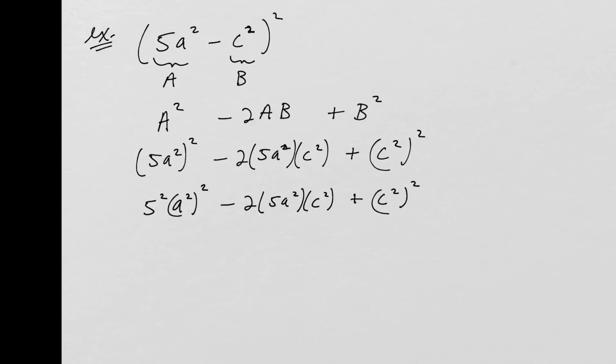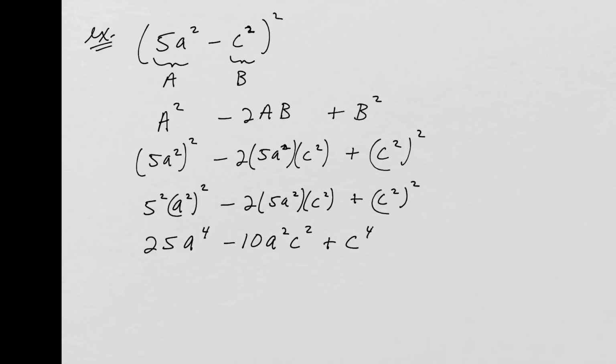So first of all, I can do 5 squared, that's 25. And then (a squared) squared means a to the 4th. Now I have negative 2 times 5, that's negative 10. And I can't really do anything else, so I'll leave the a squared c squared. I can't combine those. And then plus, here I'd use the power rule again. (c squared) squared means c to the 2 times 2, which is the 4th power. So that would be my result: 25a to the 4th minus 10a squared c squared plus c to the 4th.